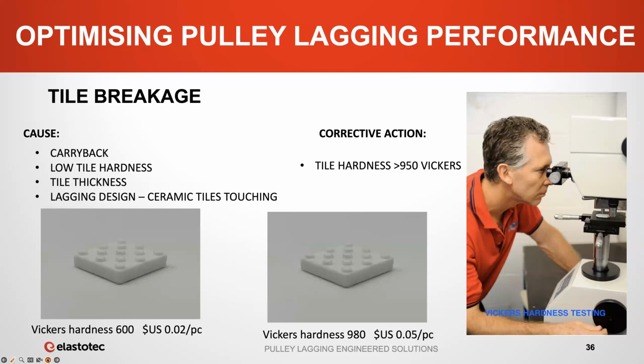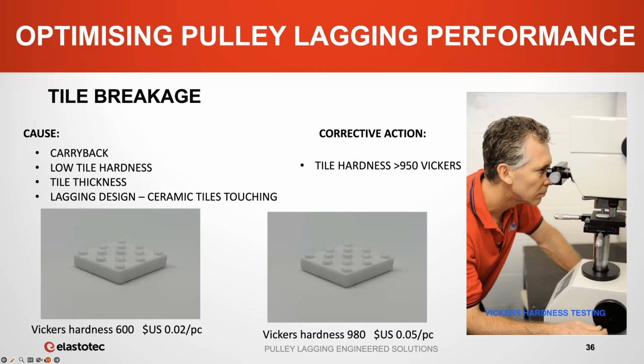When you're manufacturing ceramic lagging, 80% of the cost of the materials is in the tiles. So if somebody wants to make a low-cost ceramic lagging, you buy a low-cost tile. And the tiles don't look any different. They look visually exactly the same. So a typical 20 by 20 by 5 mil dimpled tile, you can buy those for as low as 2 cents US.